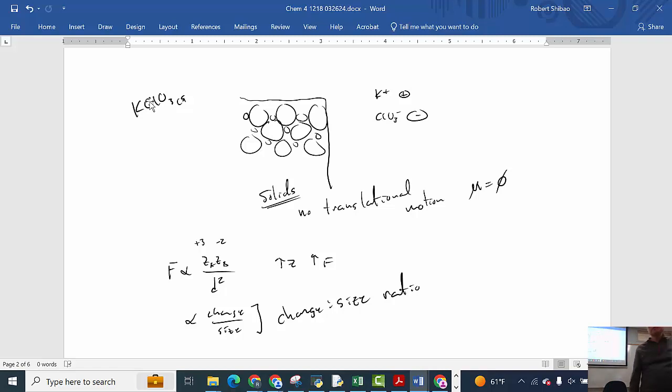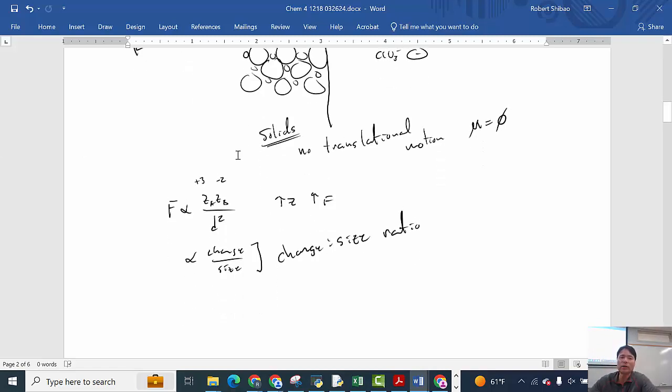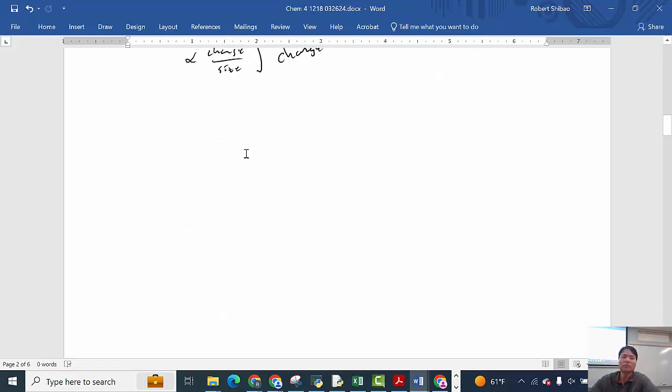And the difference between a solid like this and molten potassium chlorate is that with liquids, we have what type of motion now available? Translational. And so molten potassium chlorate consists of what? It consists of potassium ions.